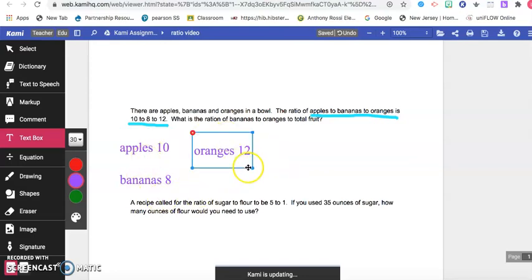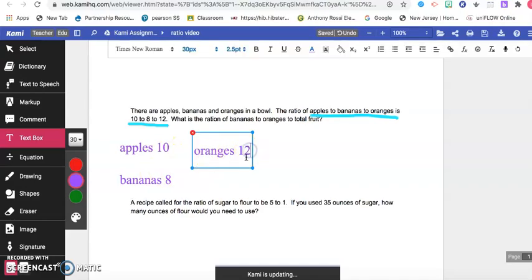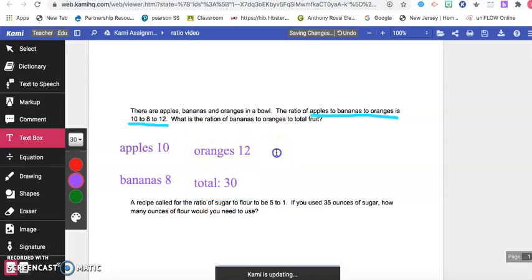I know those 3. I don't know the total number of fruit. So let's figure out the total number of fruit, which means if I want the total number, I need to add these up. So when I add 10 plus 12 plus 8, say 12 plus 8 is 20 and 10 is 30. I have 30 pieces of fruit all together.